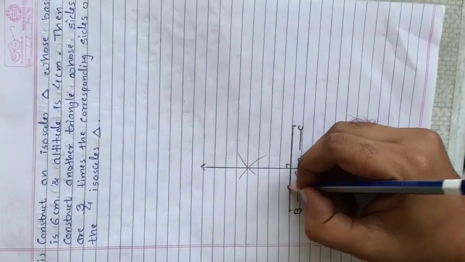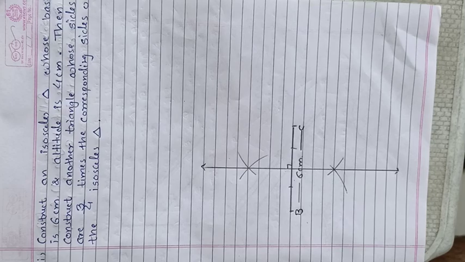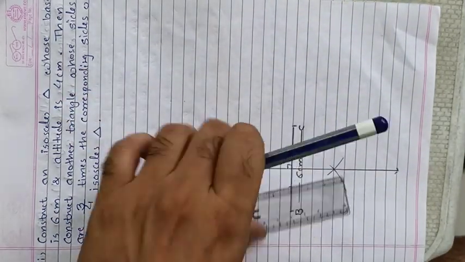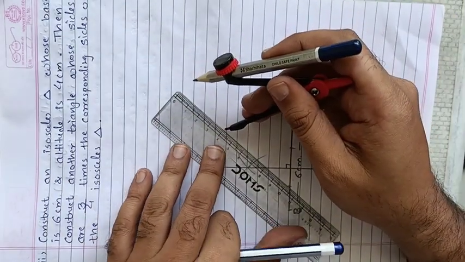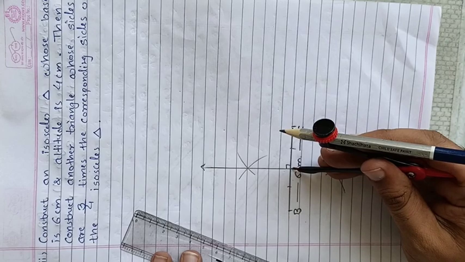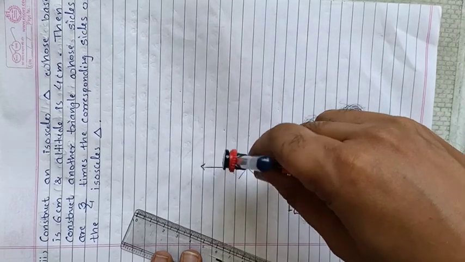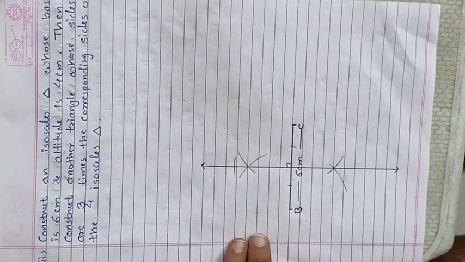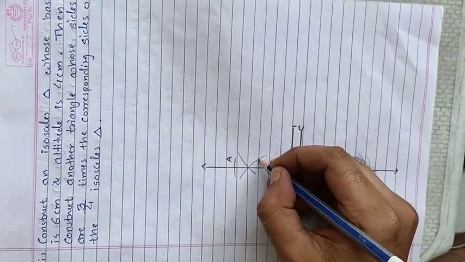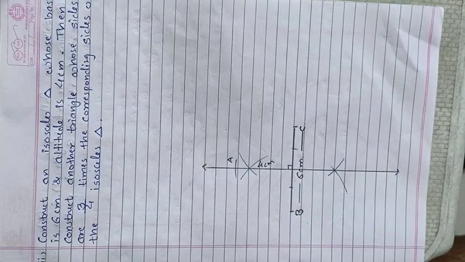Perpendicular bisector of BC. Now as I know altitude is 4, I need to take the measurement of 4, and altitude is height from the base. So this is point A and this is 4 centimeter.